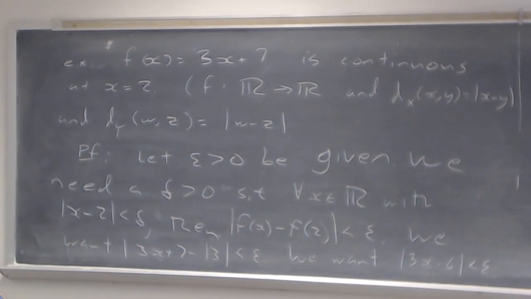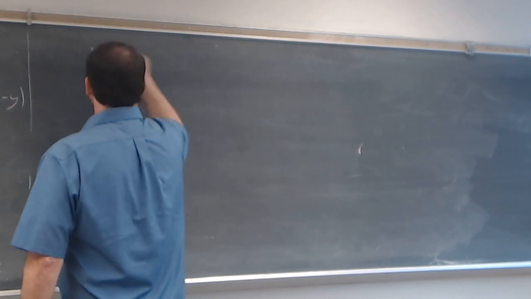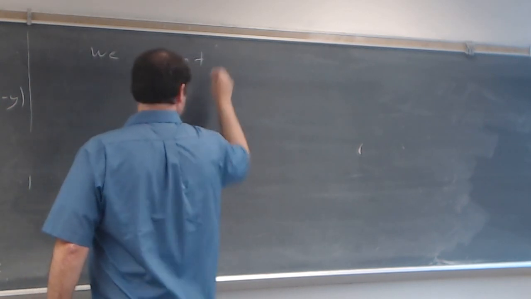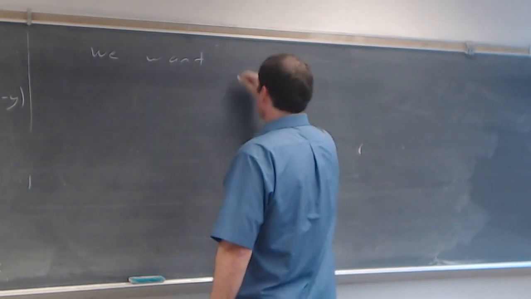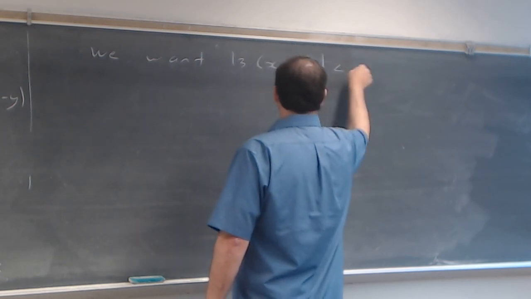That is, the absolute value of 3 times the quantity x minus 2 to be less than epsilon.